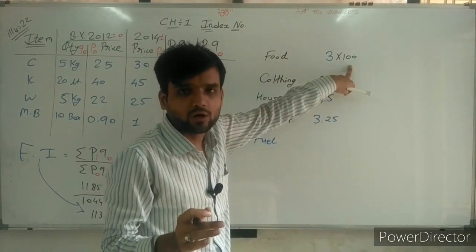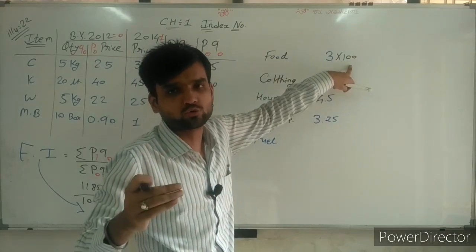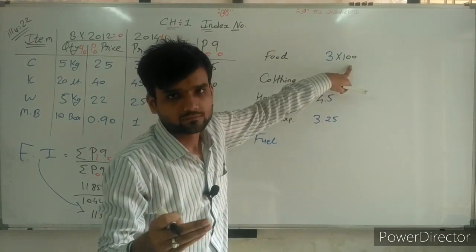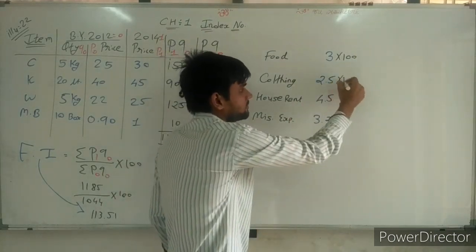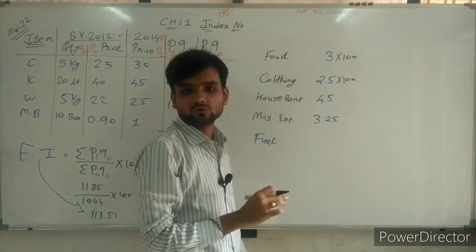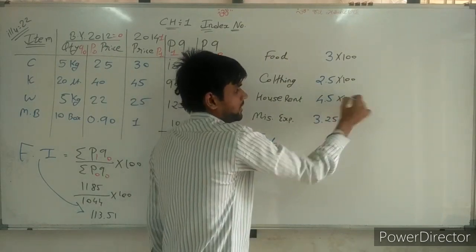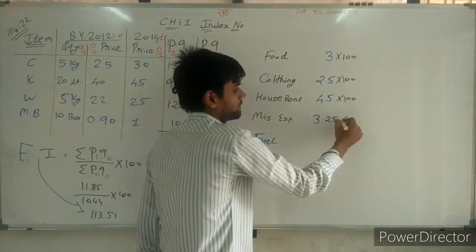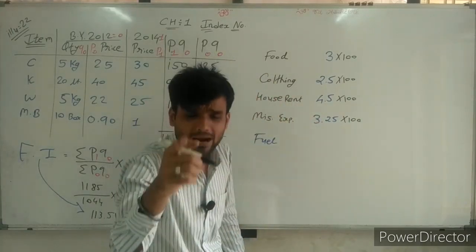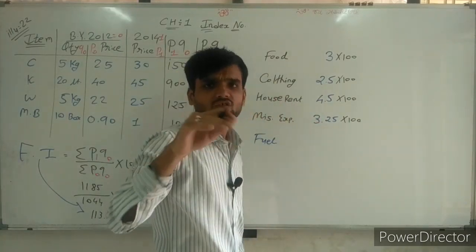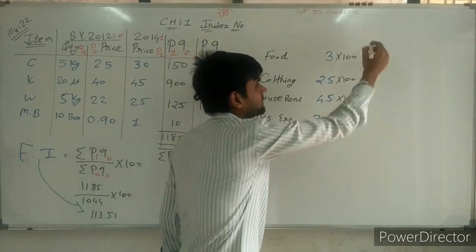Because if you are assuming another value, then you have to do one more step. And that's why always 100 into 3, 100 into 2.5, 100 into 4.5, 100 into 3.25 we are taking, because by multiplying with 100 we get I directly.